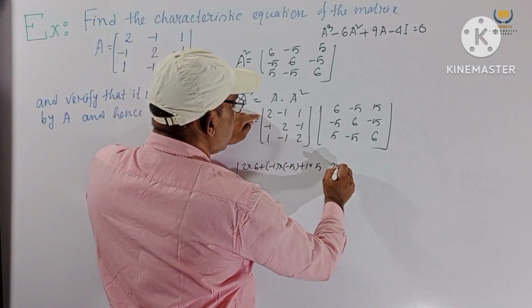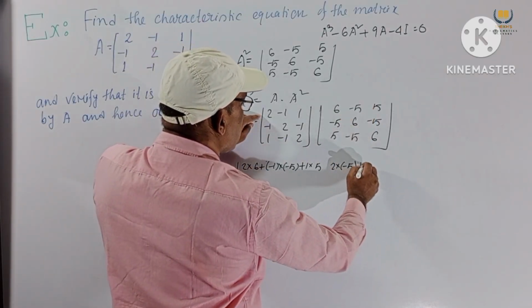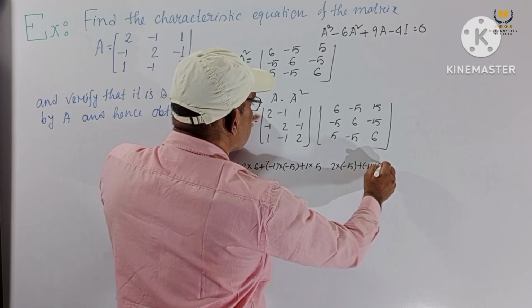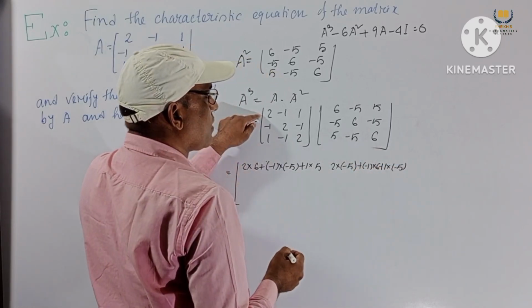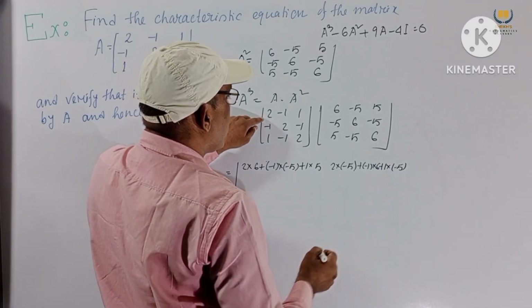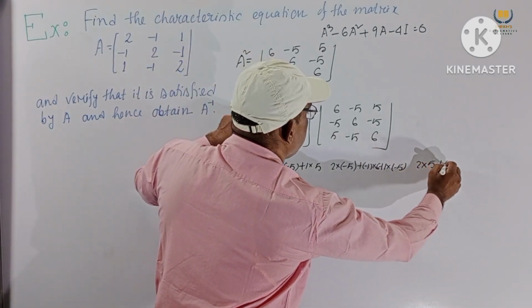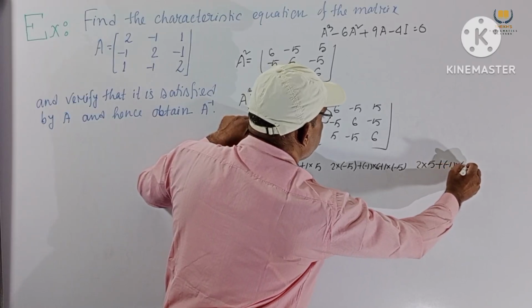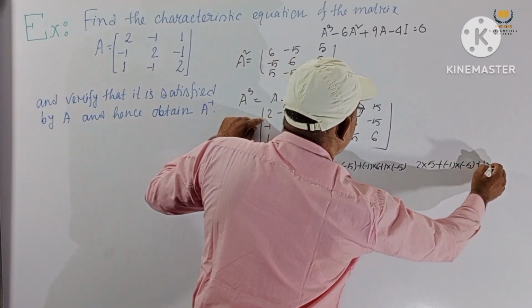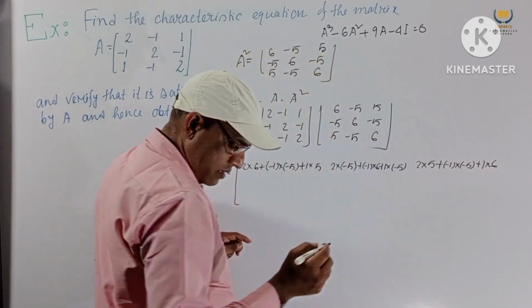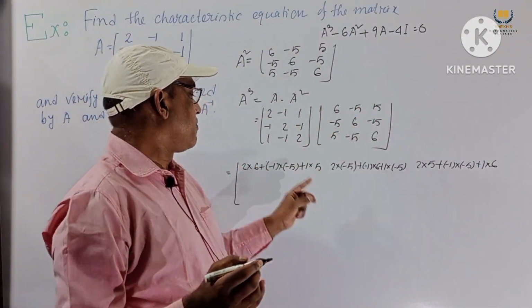Next, 2 into minus 5 plus minus 1 into 6 plus 1 into minus 5. Again, 2 into 5 plus minus 1 into minus 5 plus 1 into 6.